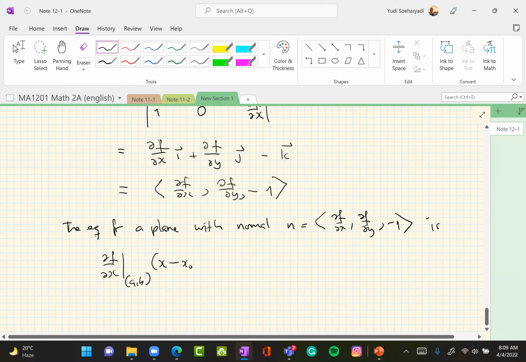there. So sorry, this is x minus a, okay, plus, you see the components of the normal are actually the coefficients for the plane, df dy computed at AB, y minus b, minus, okay, the f of a, b equals 0.